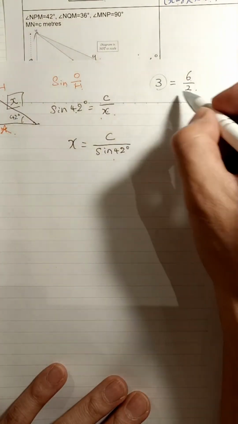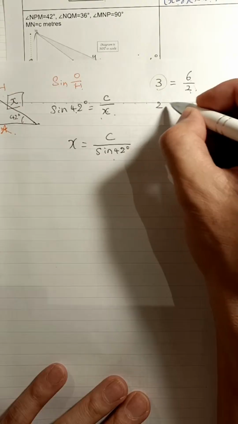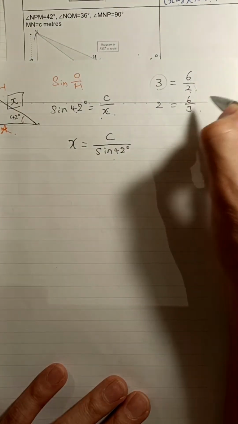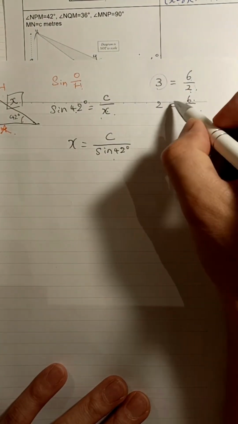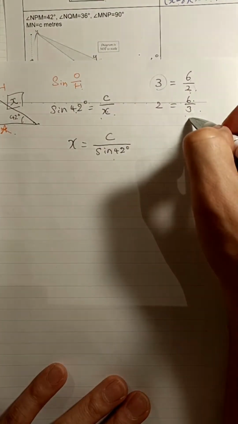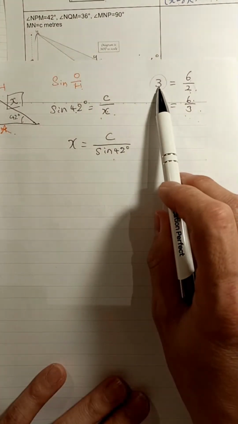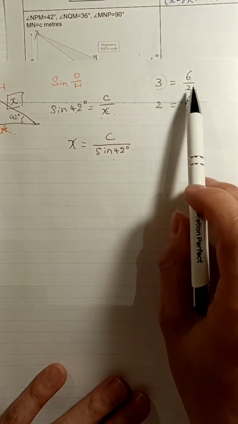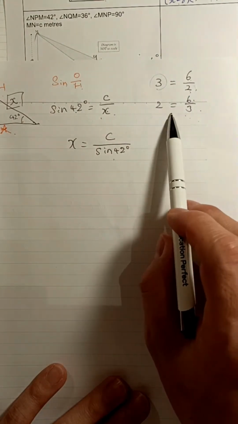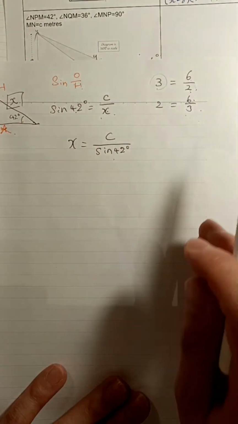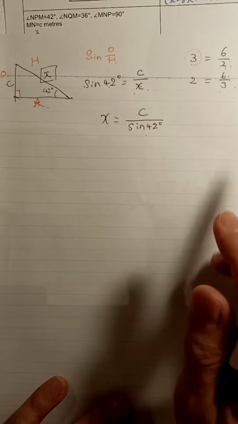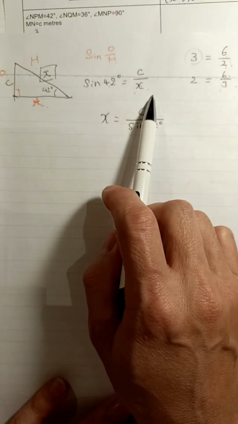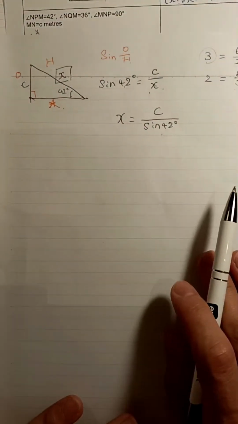Then if you swap this number and this number, 2 equals 6 over 3. This is still true, isn't it? So if a number equals a fraction, then you can swap this number and the denominator, and the equation still works. So you can swap this one and this one to figure out X.